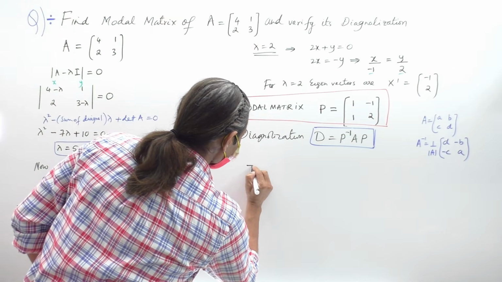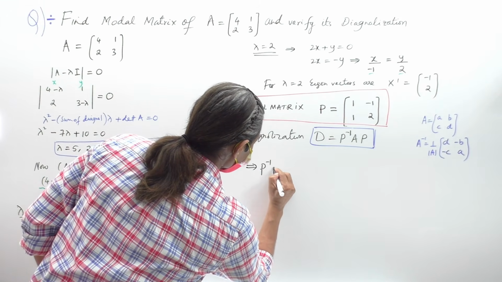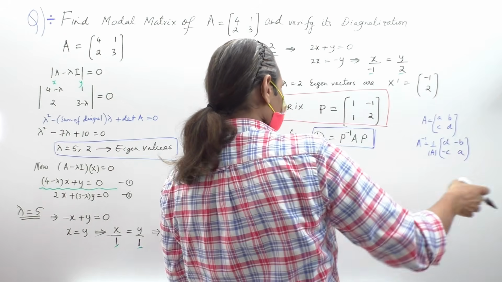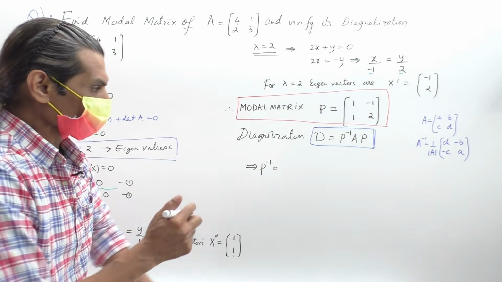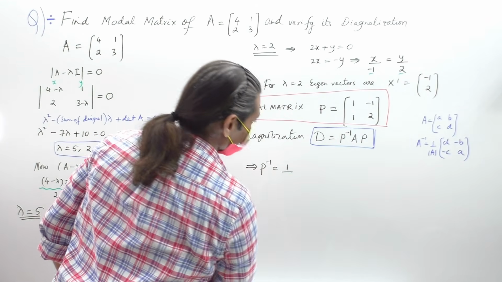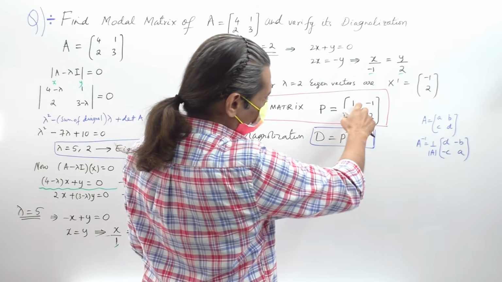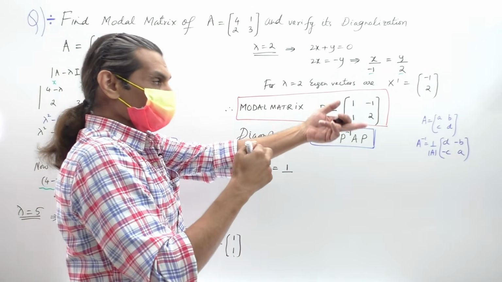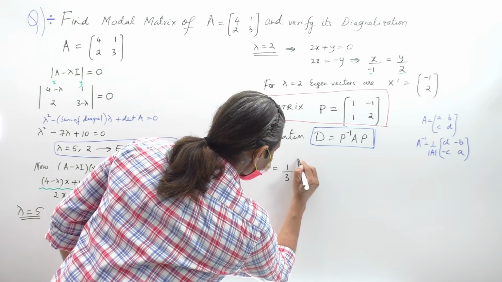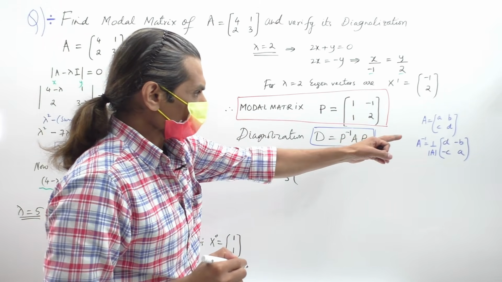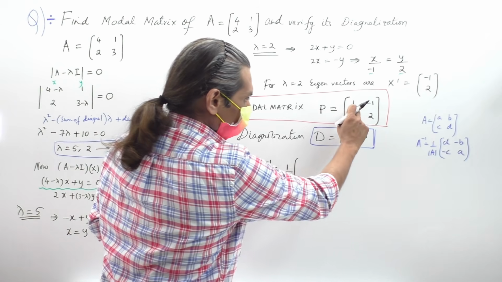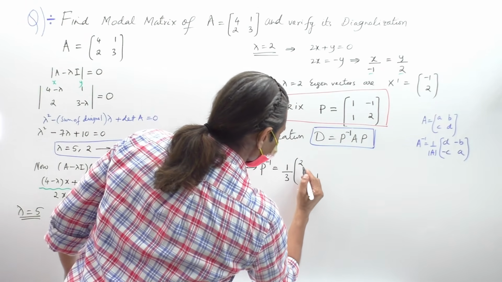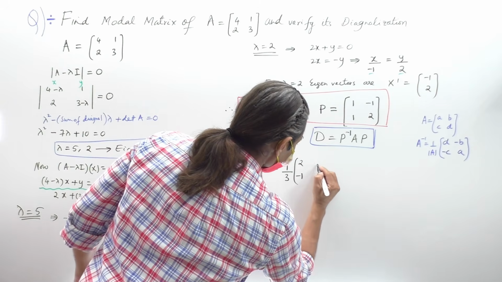So using this, let's verify here. P inverse is 1 upon determinant P, and this is very simple. What's the determinant of this? 1 into 2 minus 1 into minus 1. So 1 into 2 is 2, 2 plus 1, that is 3. 1 upon 3 into the matrix: 1 and 2 interchange, so this becomes 2 and this is 1, and the other two get opposite signs, minus 1 and minus 1.